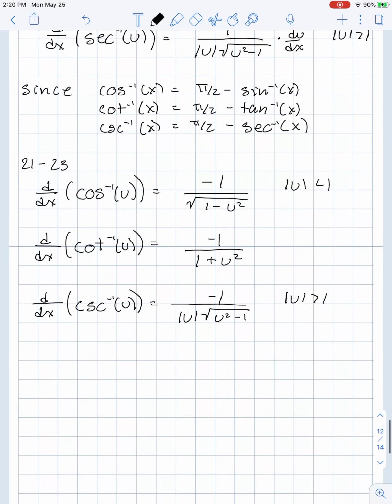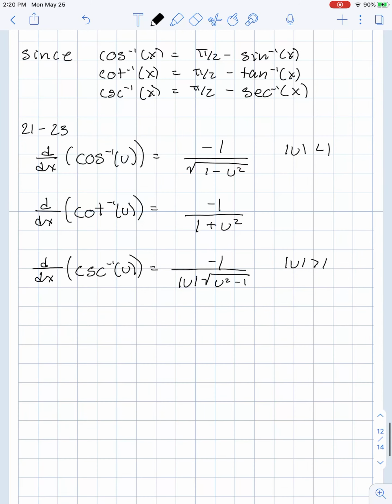So let's crank through some examples and we'll be done. So this one is in your textbook, 3.9.33, and we're given that y equals ln of arctan x, and we're going to find y prime.